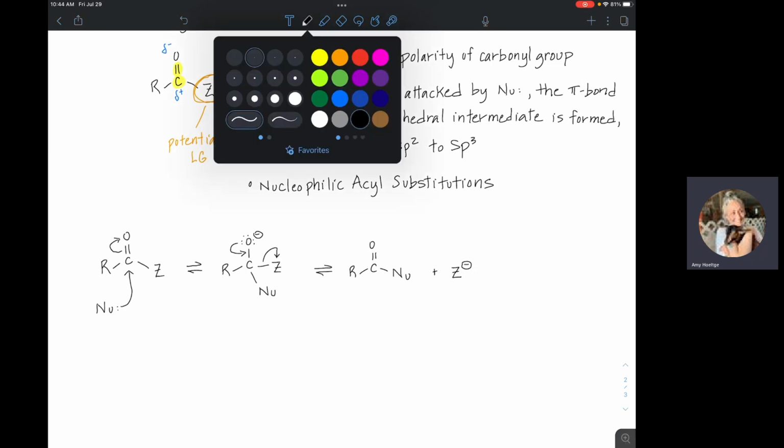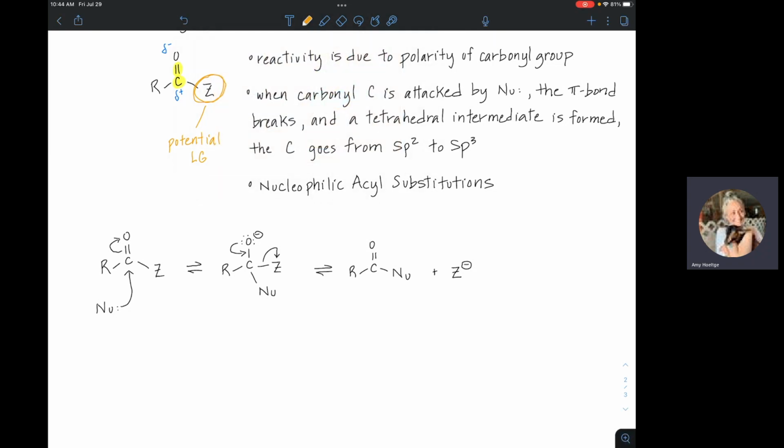So this will be that's your leaving group, your weak base. If Z was something like a hydroxyl group or an alkoxy group, like with an ester, or an amide, right?